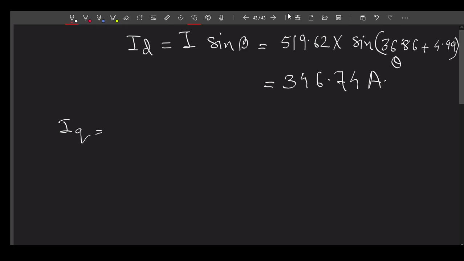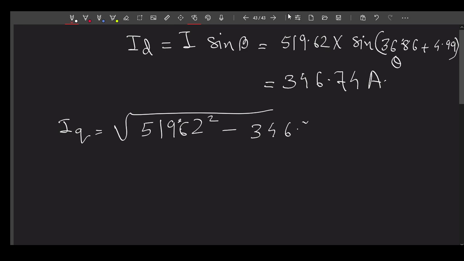Iq will be how much? Can we use this? Obviously we can use this. It is a simple sine cosine relation. Why am I showing you this?